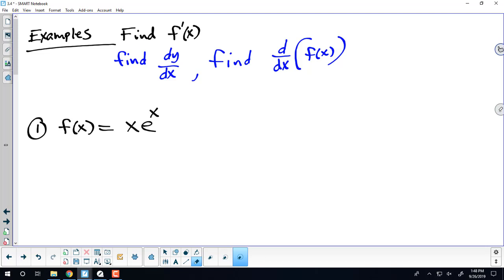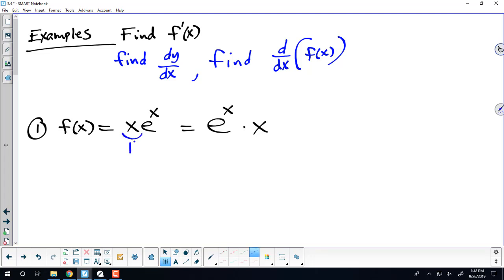So it doesn't matter which one you call the first and which one you call the second. It's totally arbitrary. This function could have been easily presented as e to the power of x times x, at which point you might say, well, e to the x is the first, x is the second. If we look at x e to the x, then we say, well, x is first and e to the x is second. The derivative rule applies to either representation. So it matters how you set it up initially.